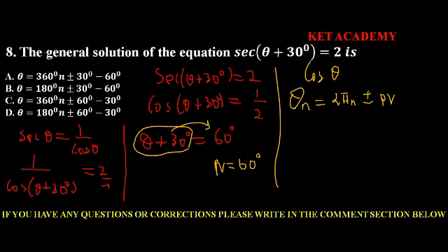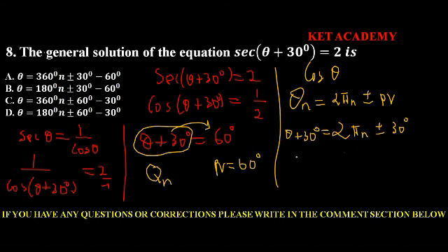So we will consider all of this to be theta n. Never simplify. So it will have theta now plus 30 degrees to be equal to 2 pi n plus or minus the PV, which is 60 degrees. Now 2 pi is 360.